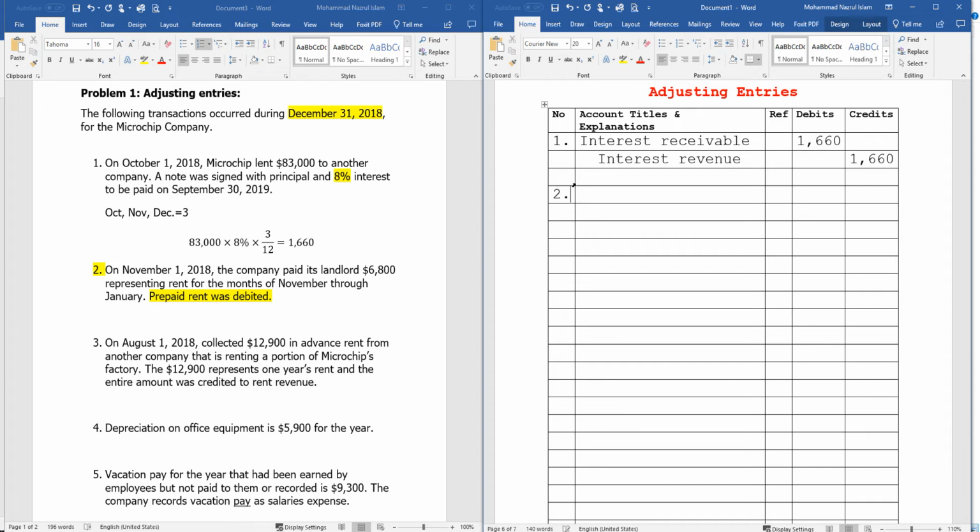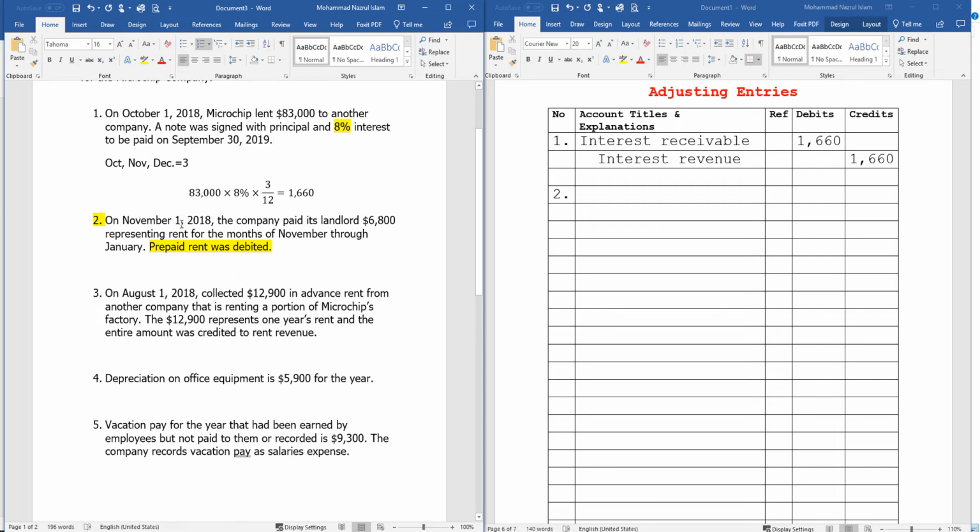And number two, on November 1, 2018, the company paid its landlord 6,800, representing rent for the months of November through January. So prepaid rent was debited.